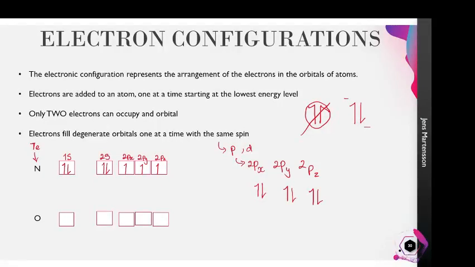So we'll say that our electron configuration for N is 1s2, 2s2, 2p3. That's because we don't account for the x, y, and z.